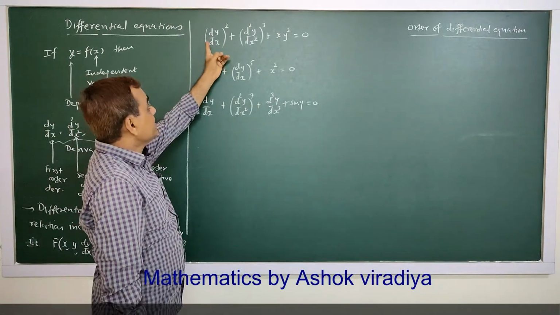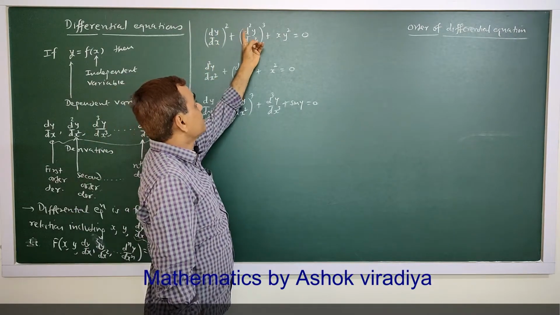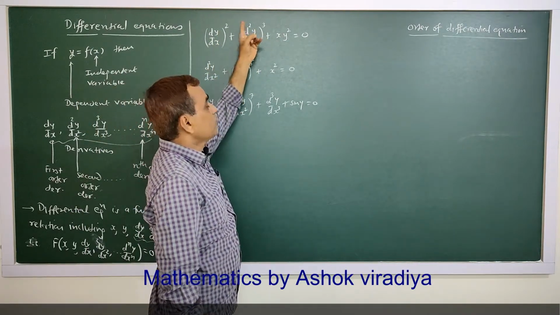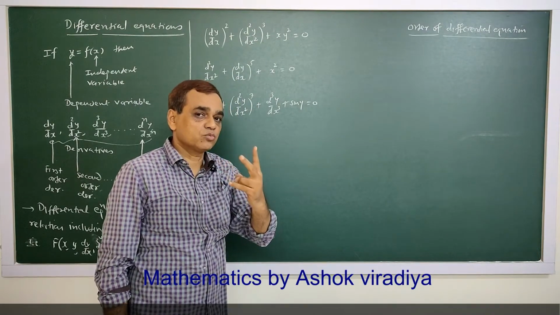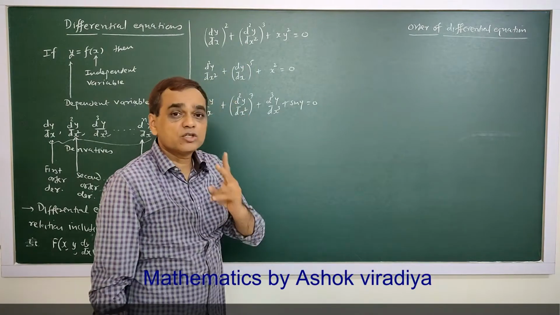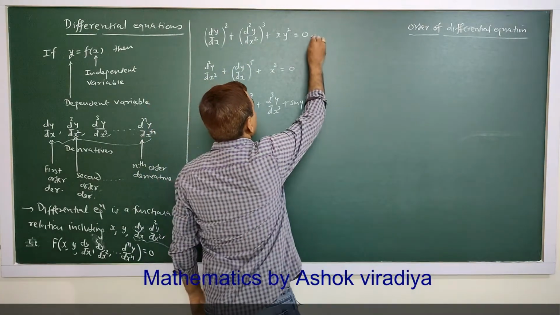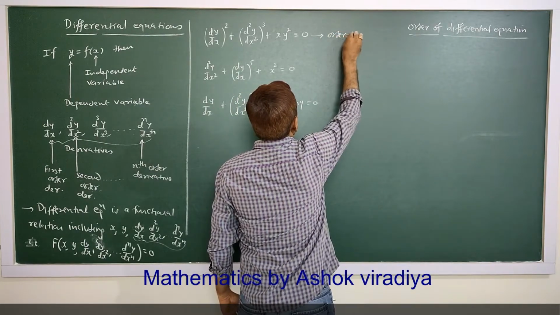Say, this is the first order derivative and this is the second order derivative. So which order is highest? 2, the second order derivative. So here the order is 2. So in this equation, the order is 2.